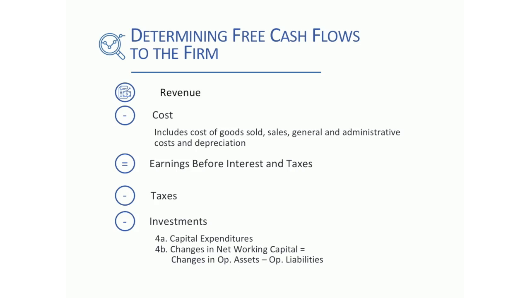If you think about a retail store that wants to start operating, in order to generate revenues, and then which will have costs as it operates, one of the first things that that retail store has to do is to build up inventory in order to meet demand of those that come into the store. We call that an investment in working capital, and in particular, an investment in operating assets.